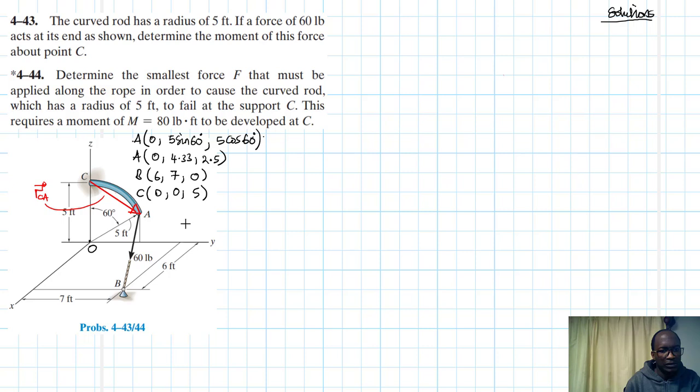So let's find RAC. We need C minus A: 0 minus 0 is just 0i, 0 minus 4.33 is minus 4.33j. Sorry, we don't need AC, right? We need RAB.